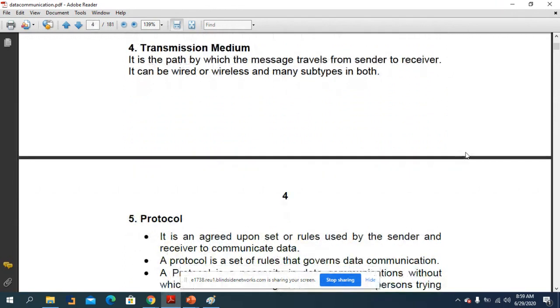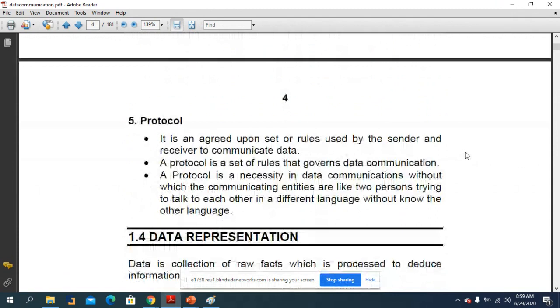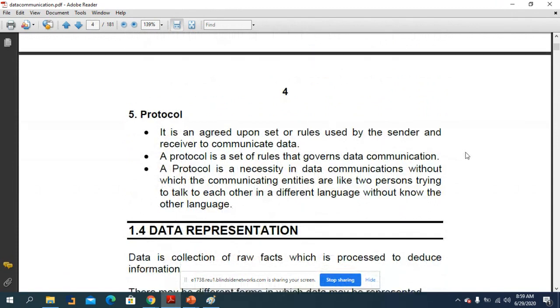When you look at the protocol, these are the rules in the communications. And I remember when we were talking about these rules, we said there is SMTP, Simple Mail Transfer Protocol, File Transfer Protocol, Transmission Control Protocol, Internet Protocol, Telnet protocols, HTTP protocols, and many other protocols that we talked about.